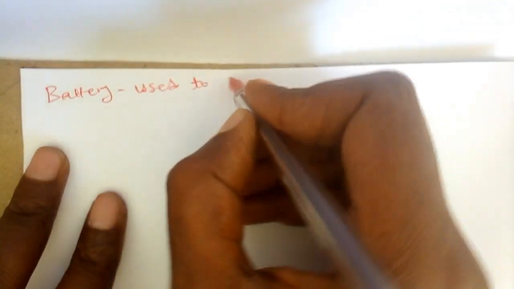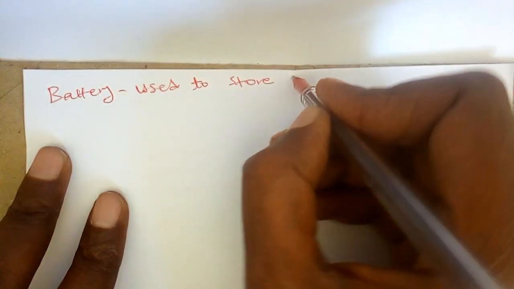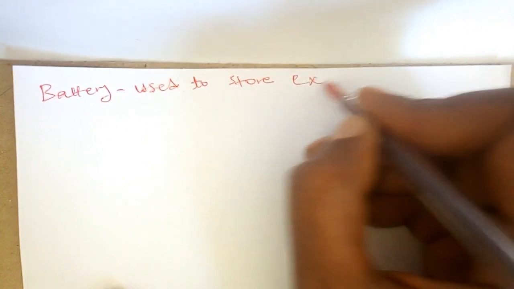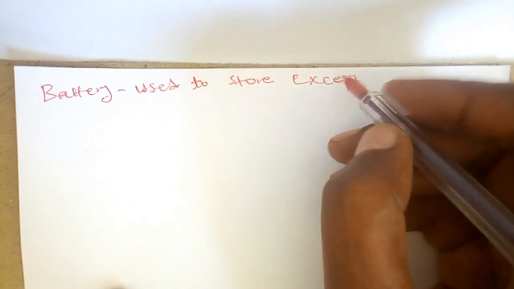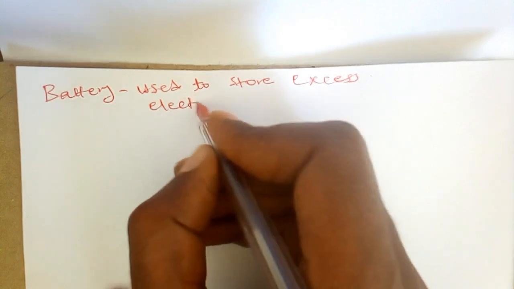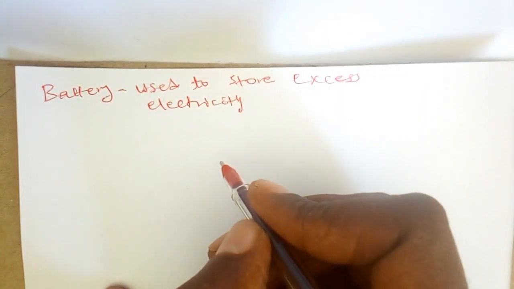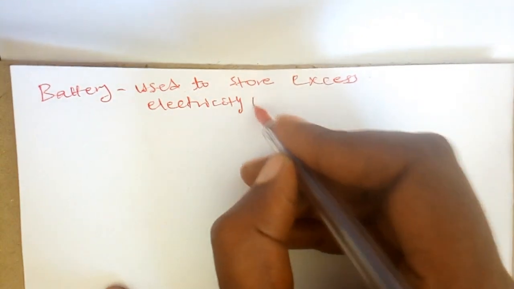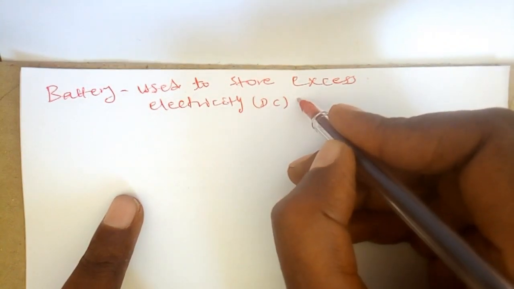The other is also a battery. Battery is another component and is used to store excess electricity. When the light directly hits the PV system, there is an excess electricity.